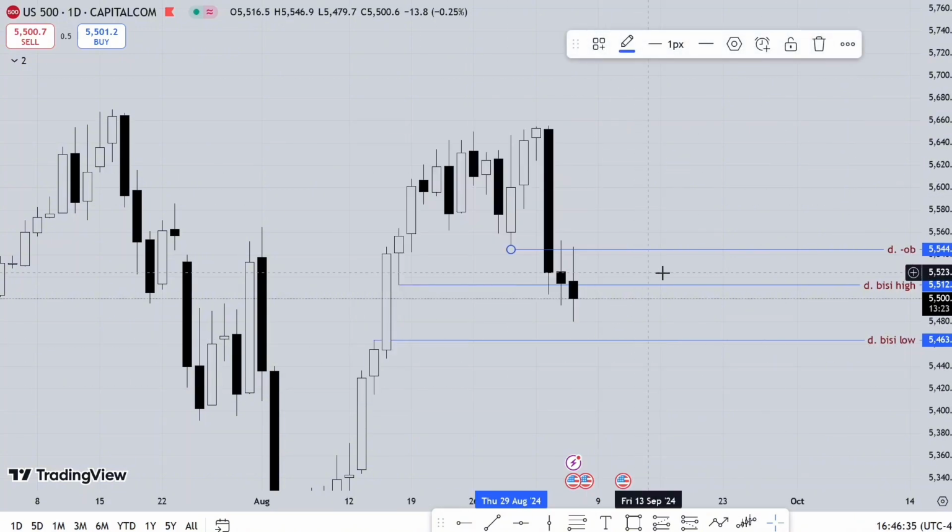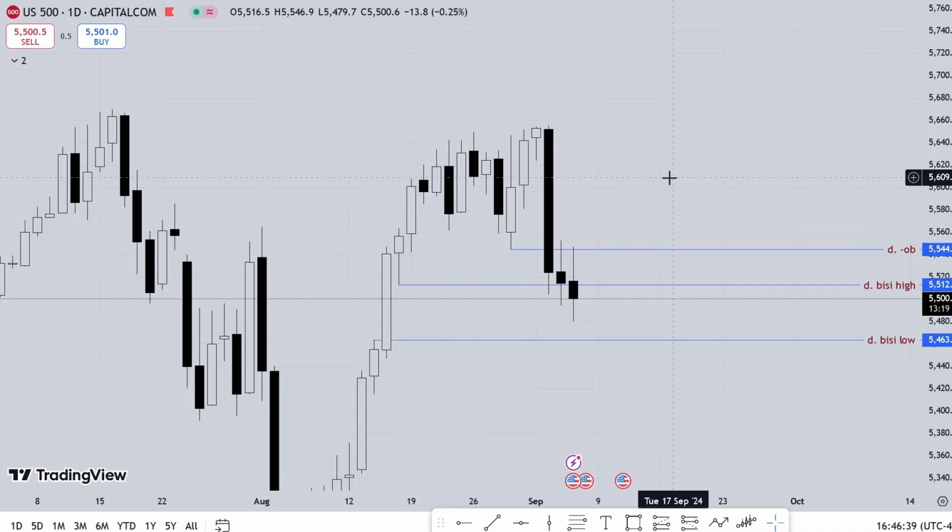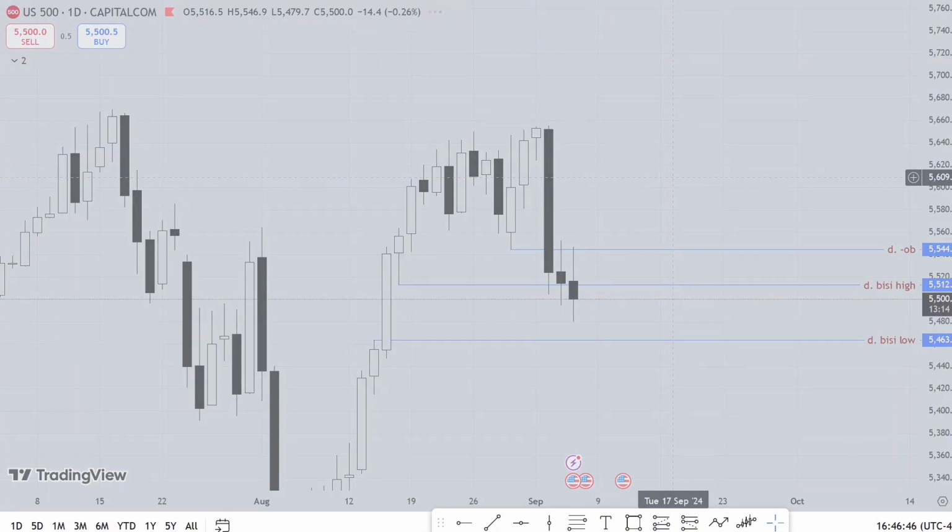Now this was the markup from the higher time frames, so we'll just go straight into the lower time frames because this is a market review and we want to be quick with it.